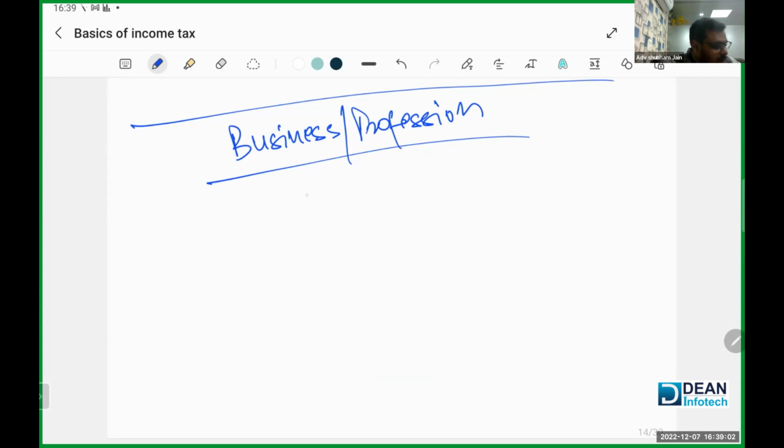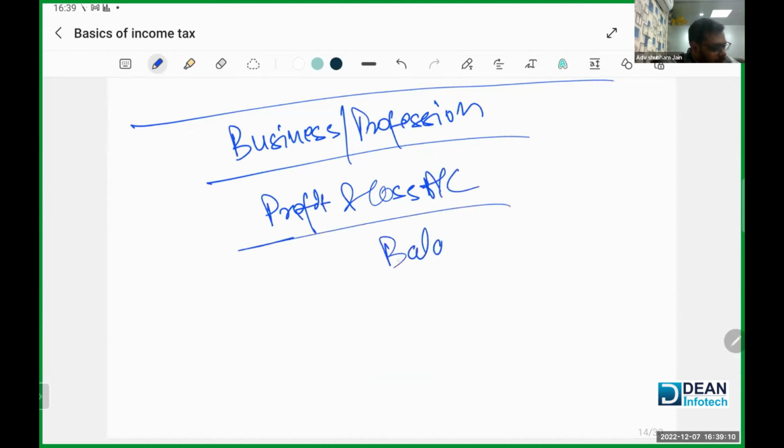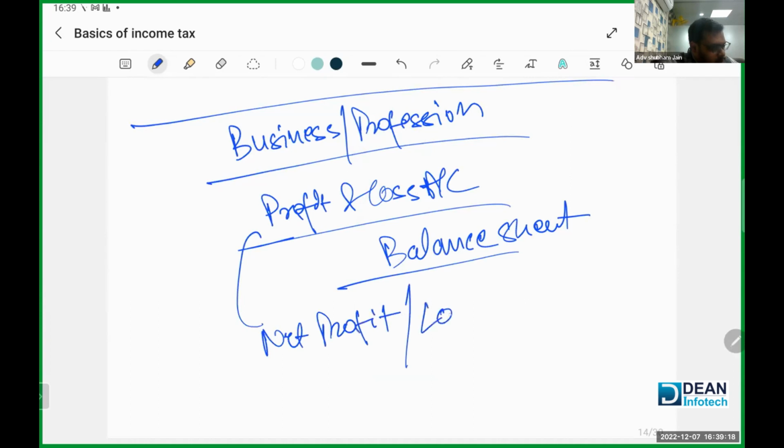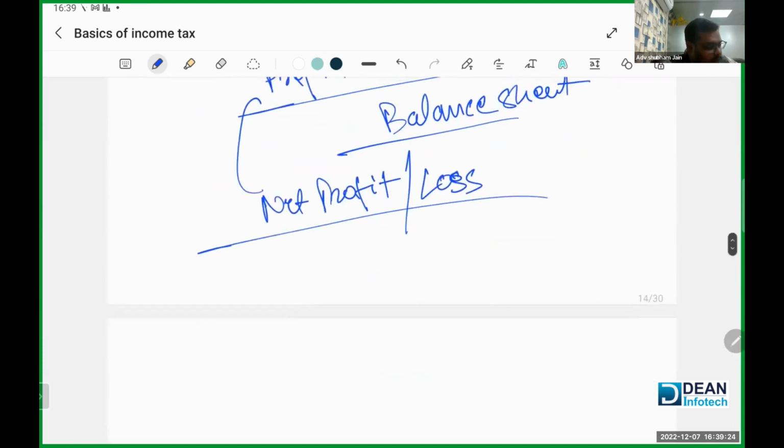To tell you simply, we need to maintain a profit and loss account. We need to prepare a balance sheet. We need to arrive at net profit or loss for that particular business, and that amount gets added over here in the head of business and profession.